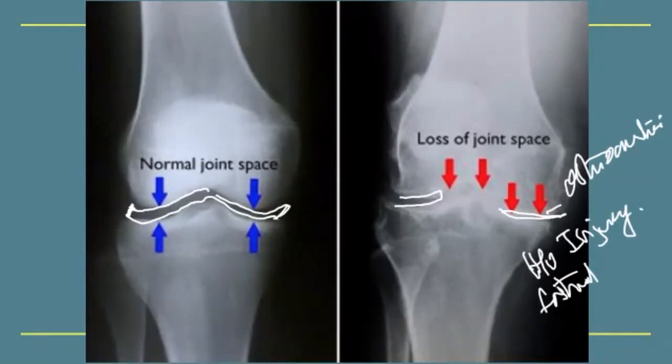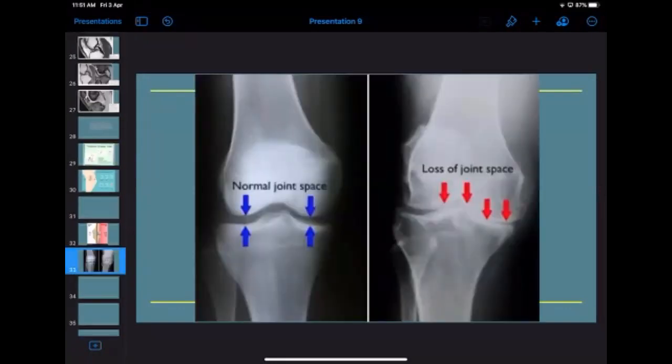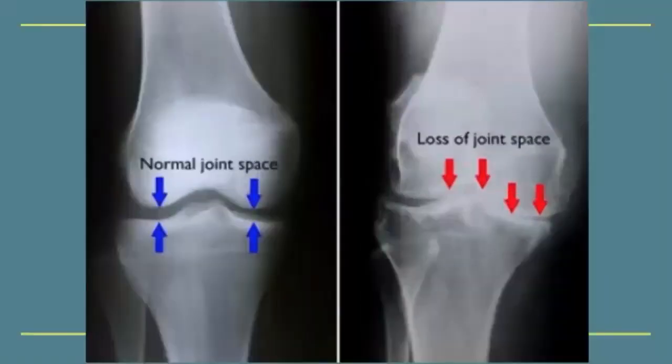If there is a prior history of injury, osteoarthritis will happen earlier in the patient. So that's the clinical anatomy of the knee joint.